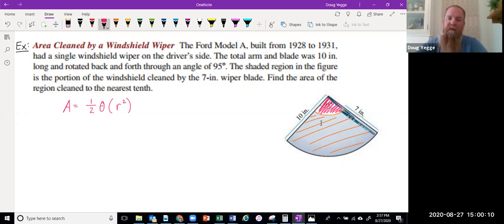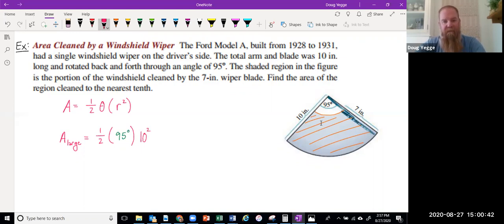So why don't we start off by finding the area of the longer one, okay, which is going to be, I guess we could say the area of the large sector is going to be 1/2 times 95 degrees times 10 squared.